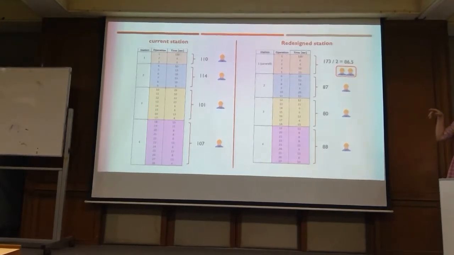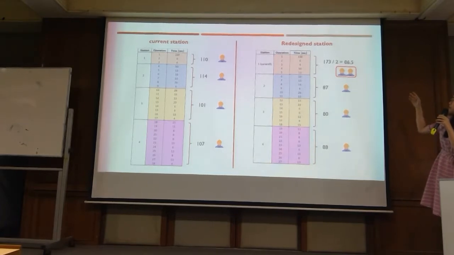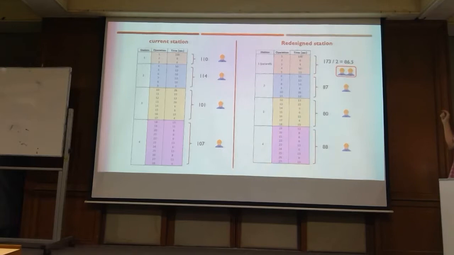If we look at the first station, we will make it parallel. So we add more operations in the first station, and the total time used will be 173, and we use 2 workers on this station. So on average, we will use only 86.5 seconds.